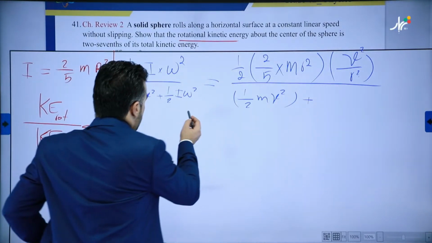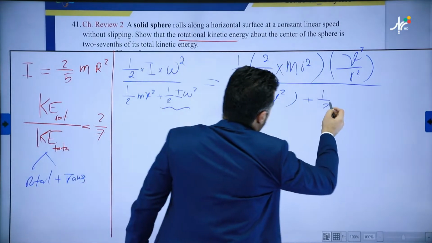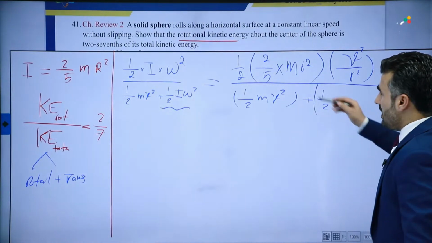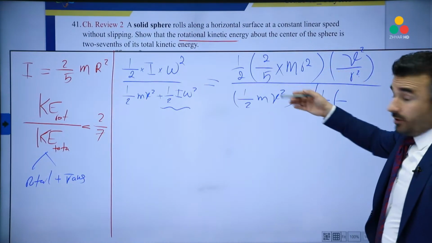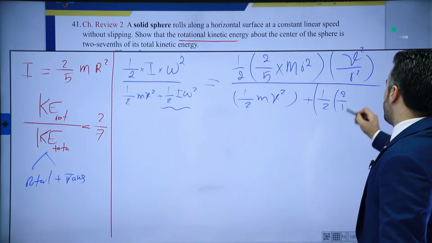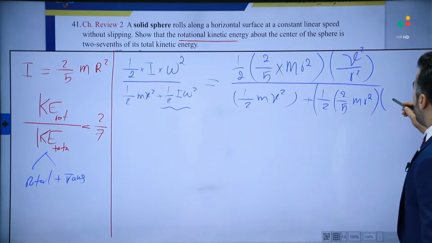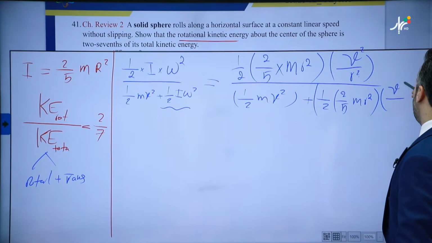Again, for the rotational, it will be the same as the top part here. So 1 over 2, multiplied by the moment of inertia for the solid ball, which was 2 over 5 mass times the radius squared, multiplied by the angular speed squared, which is speed squared divided by the radius squared.